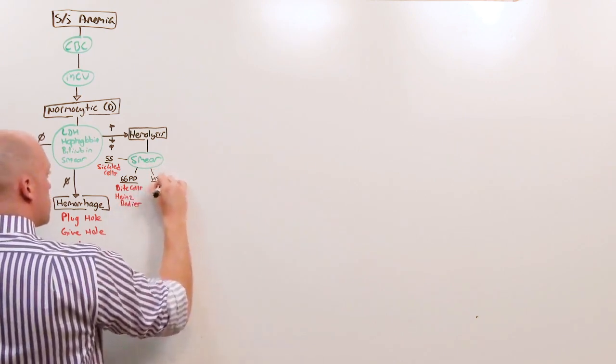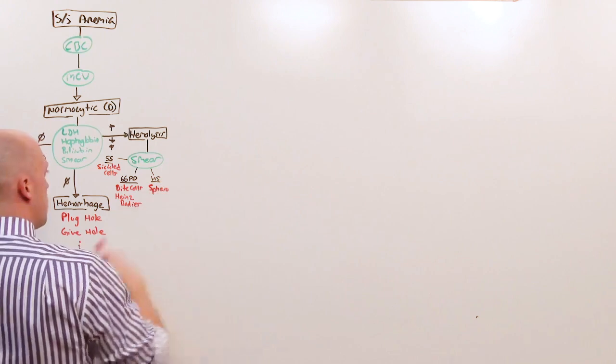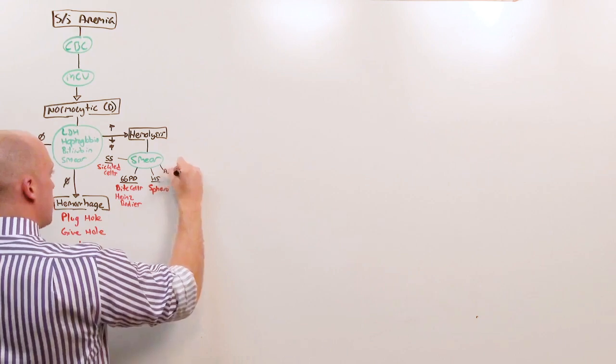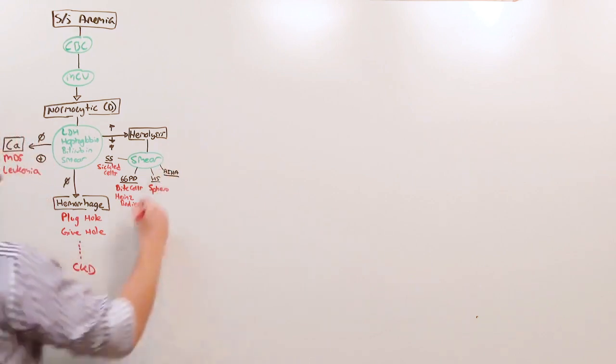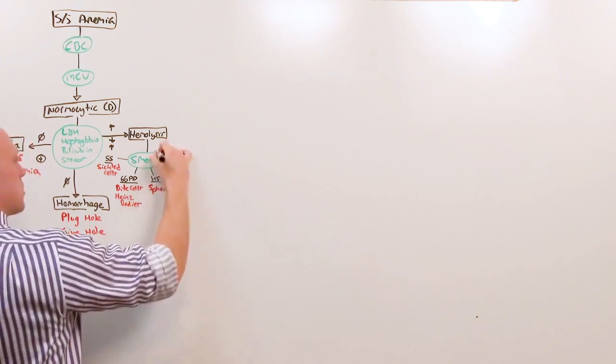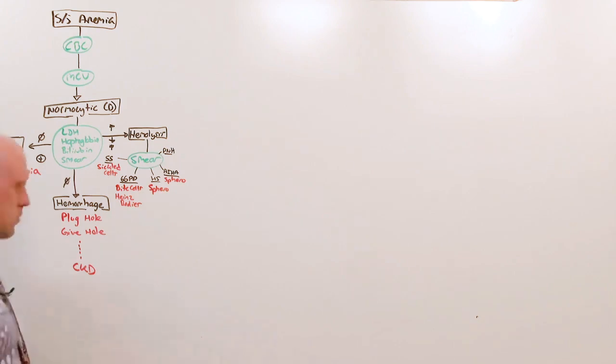Hereditary spherocytosis has spherocytes, but unfortunately so does autoimmune hemolytic anemia, and so you can't really use spherocytes to make your diagnosis. And paroxysmal nocturnal hemoglobinuria does not have a characteristic finding. These are the diseases we're going to talk about, starting with sickle cell.